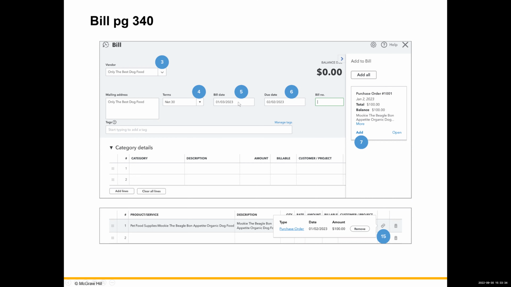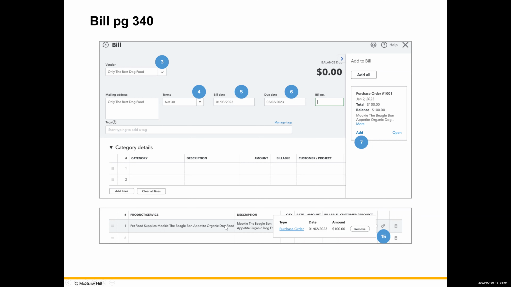Next thing you do, you want to gaze over here and see if there's any open purchase orders, and there is. So in our work, I've done them all. When this happens, you just hit add, and it will then take this purchase order and put it into the bill, right?